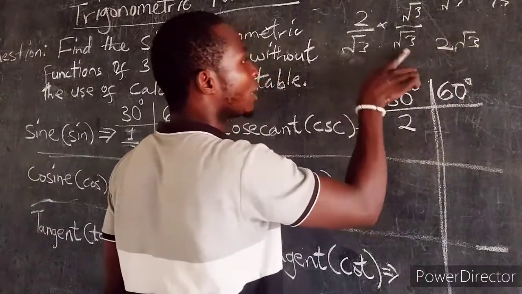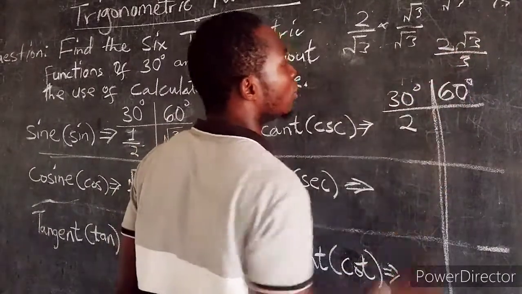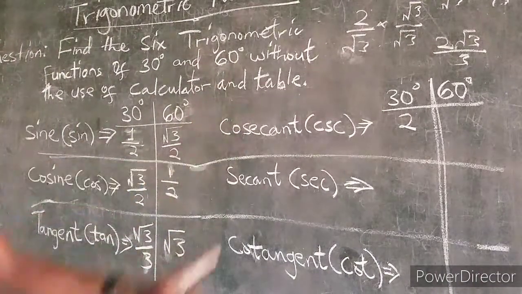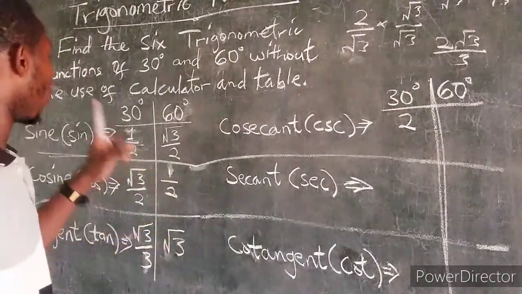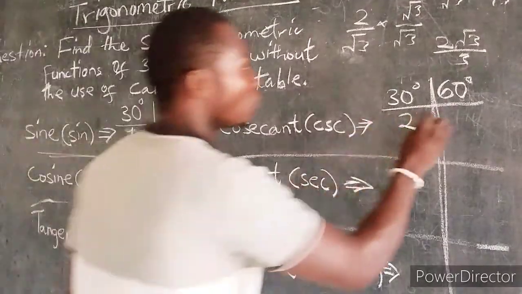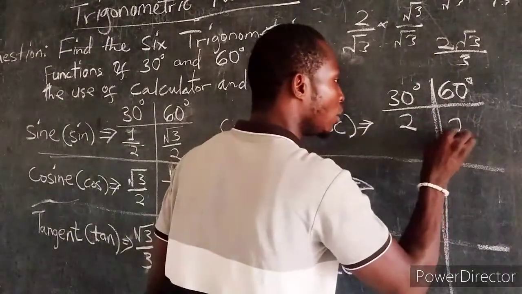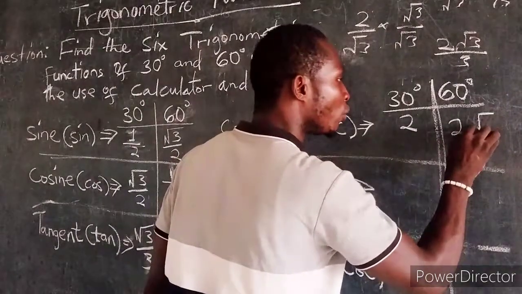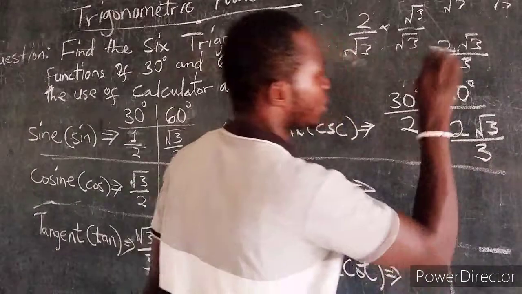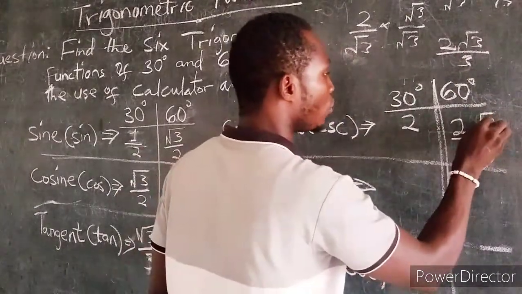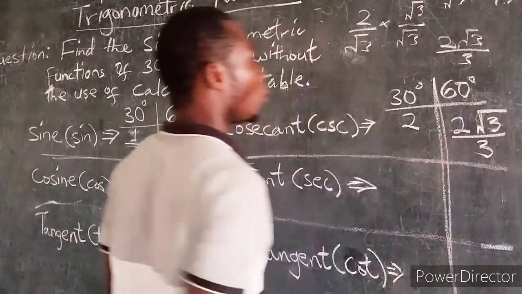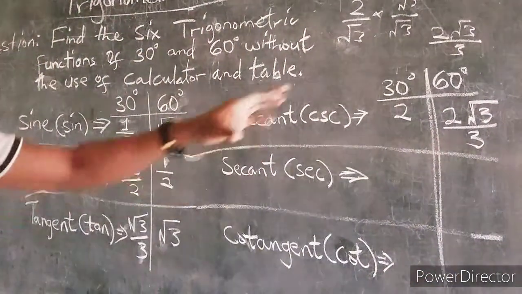The root of 3 times the root of 3 is just positive 3. So cosecant 60 degree will give us 2 root 3 all divided by 3. So we have down here 2 square root of 3 all divided by 3. Let me write the 3 well. So this is cosecant 60 degree.